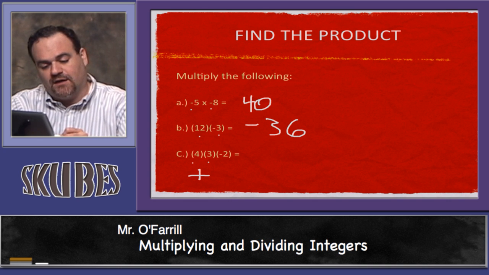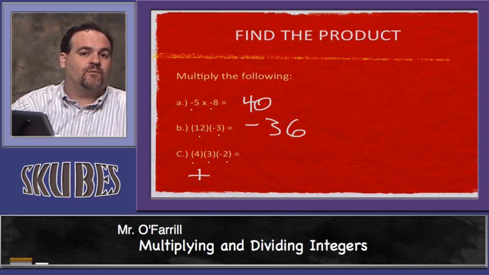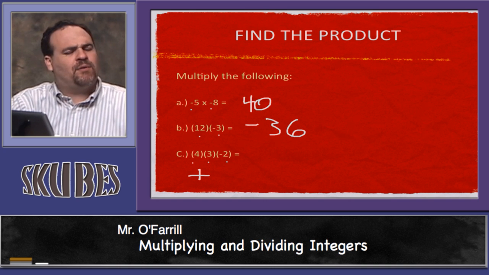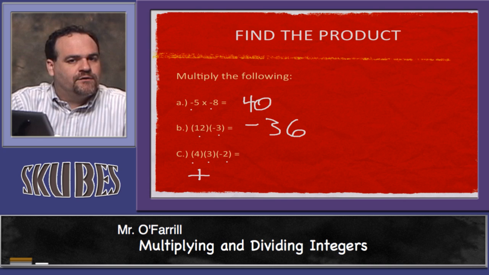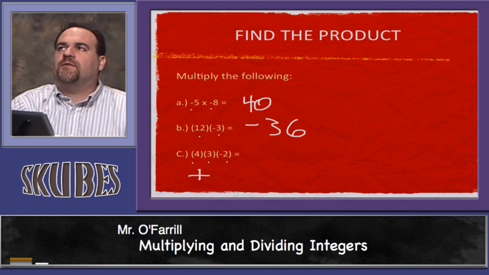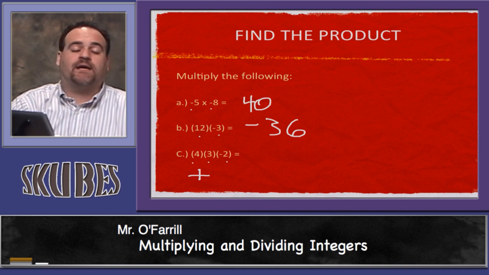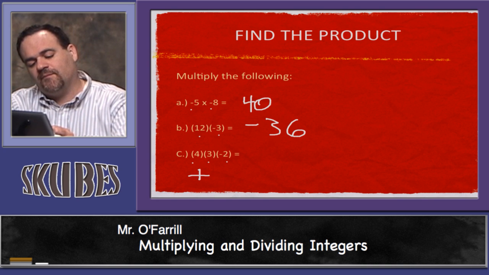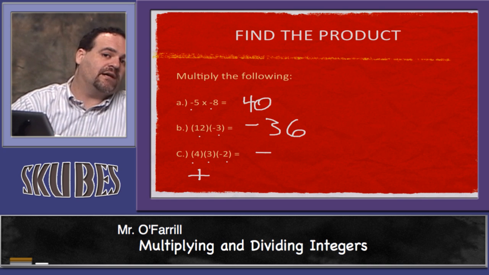And what's next? A negative 2. We have a positive something, don't know what it is yet, times a negative 2. Positive, negative, different signs. So the final answer to this problem is going to be negative.